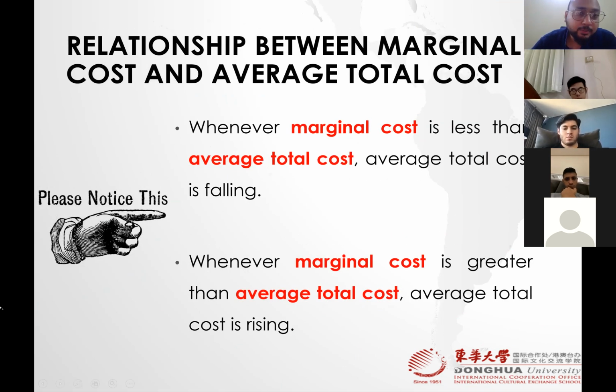And then we talked about the managerial decisions. We talked about whenever marginal cost is less than average total cost. What is the cost behavior?